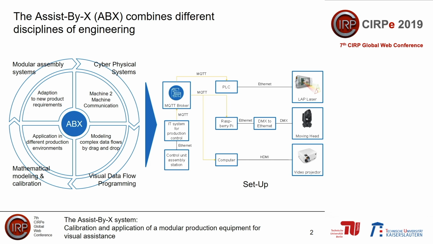For this reason, the system is called ABX, since the X is a representative for the different devices that can be implemented. So far, a laser projector, a moving head spot, and a smart video projector are implemented. Depending on the use case, it is expected to decrease processing time, the probability of errors, or create a safer working environment on the production line, thereby increasing worker performance.